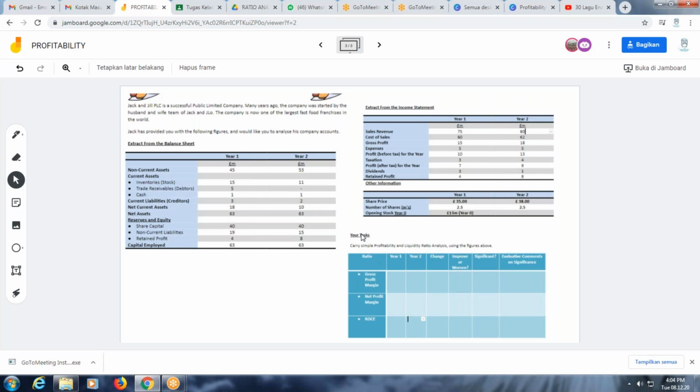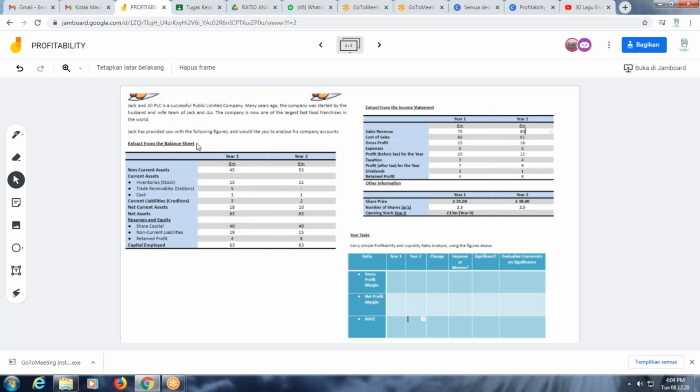So in the last task, you have to calculate the gross profit margin, net profit margin, and the return on capital employed for year one and year two.